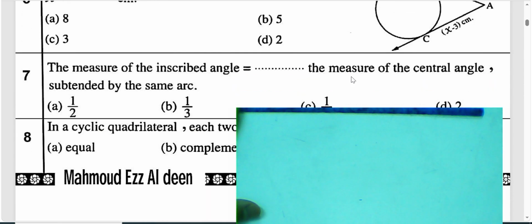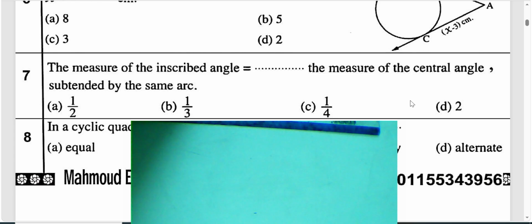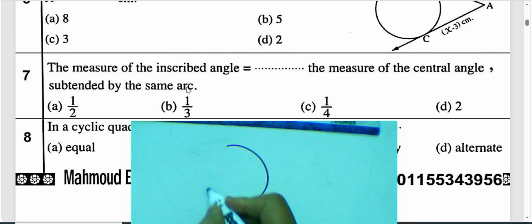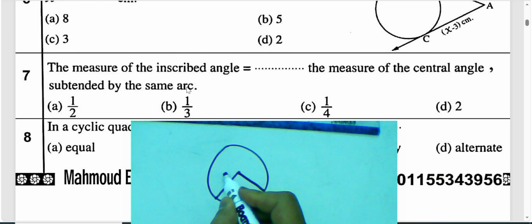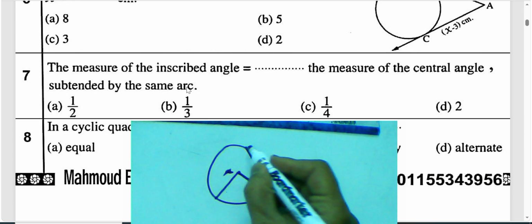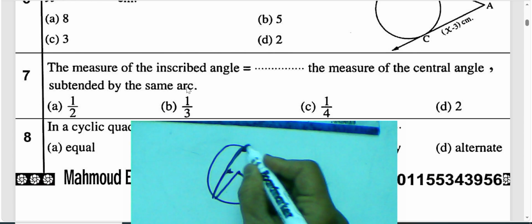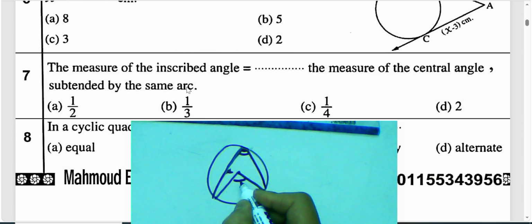Next example, number 7. The measure of an inscribed angle. He asked about the inscribed angle being equal to what of the measure of the central angle. We have a relation between the inscribed angle and the central angle like this. This angle we call the central angle because the vertex lies in the center of the circle, and in an inscribed angle like this, the vertex lies on the circle. Then the measure of the inscribed angle is half the measure of the central angle.